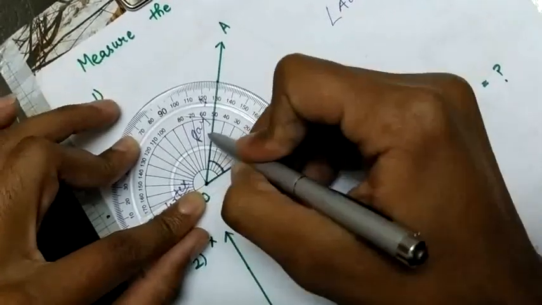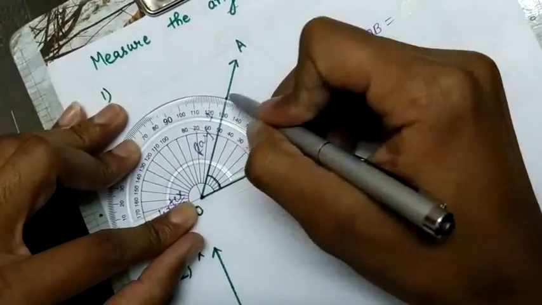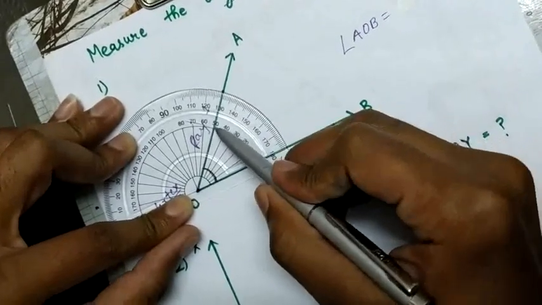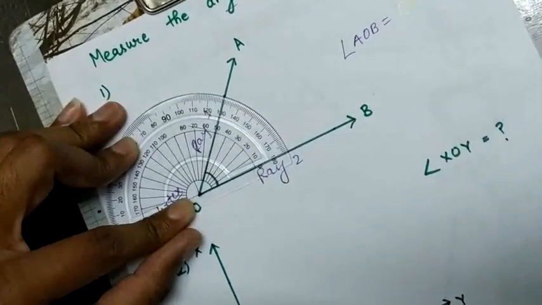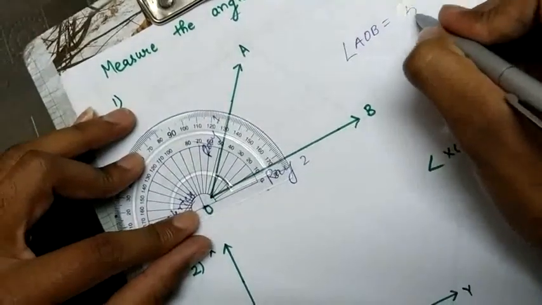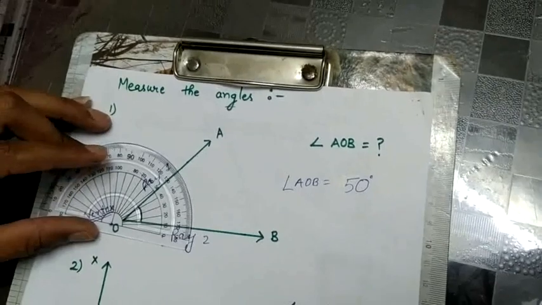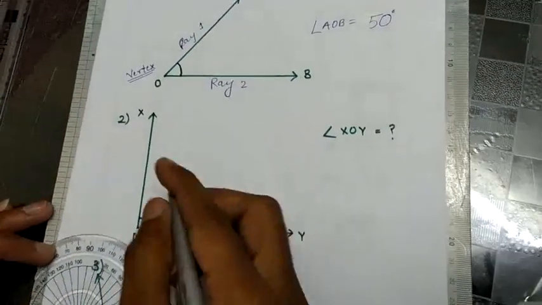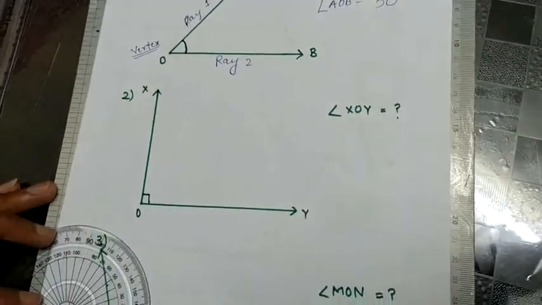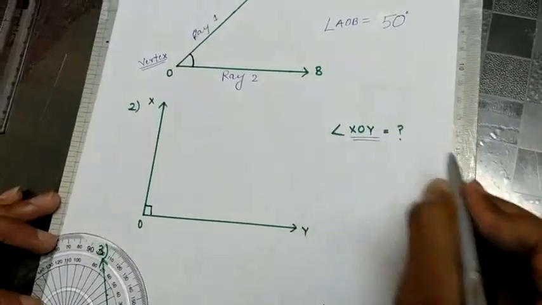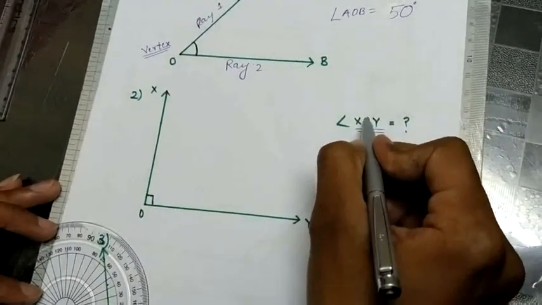Here this ray OA is going through 50 degree. So the angle will be 50 degree. Now we will measure the second angle. Here we have to measure angle XOY. Look at this.